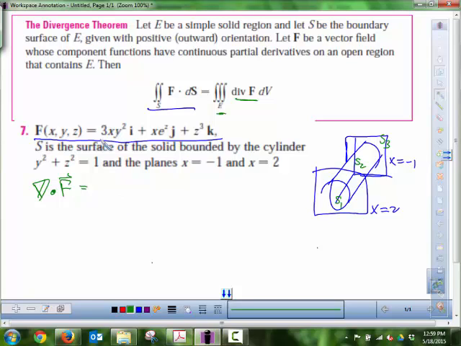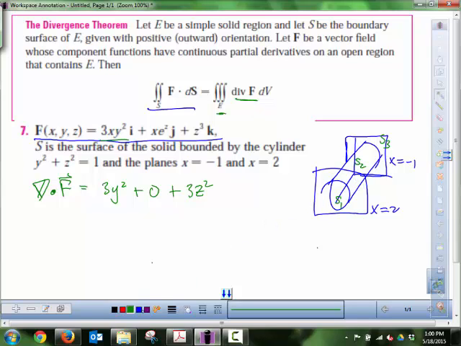We take the derivative of each component with respect to whatever that component spot is. So the derivative of the first with respect to x is 3y squared. The derivative of the second one with respect to y, no contribution. And the derivative of the last one with respect to z, 3z squared. So that's our vector field now transformed into a scalar function, the div.